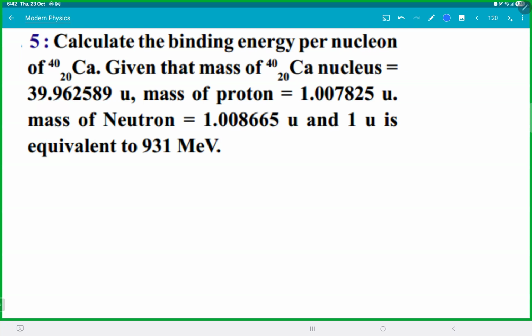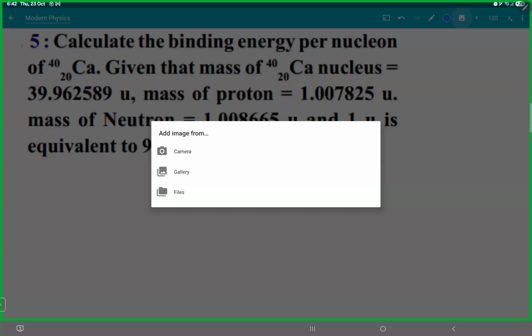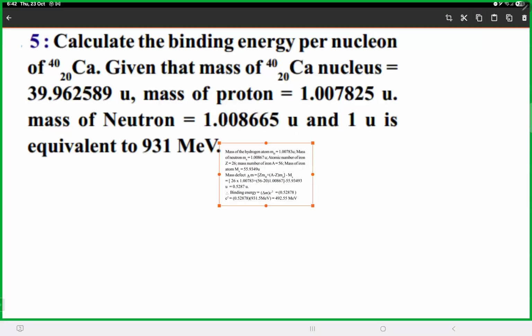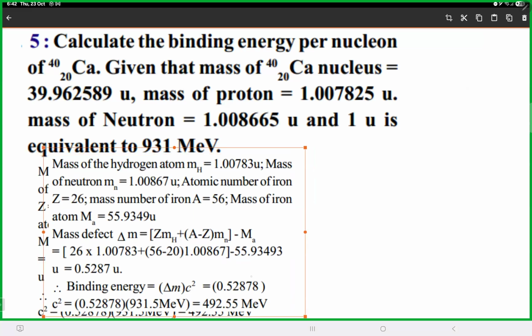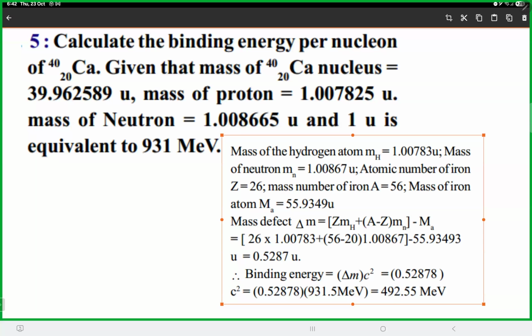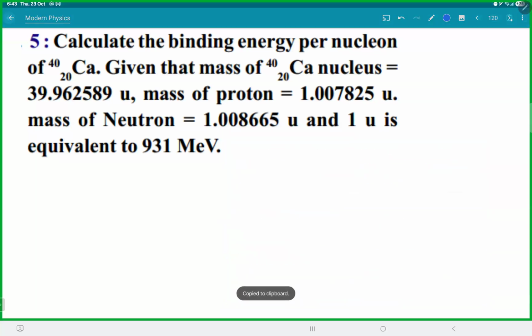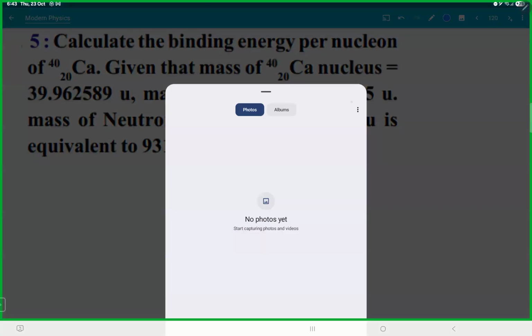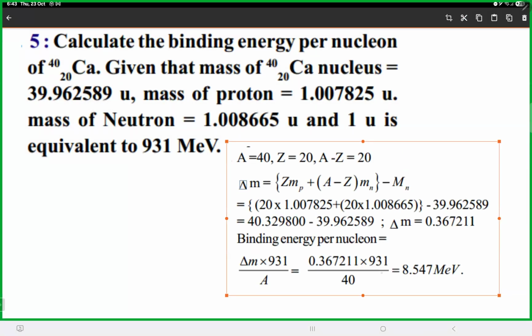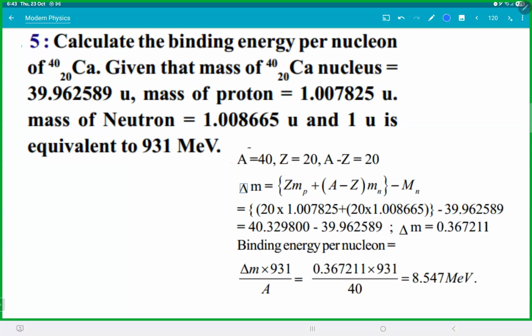Wrote it down? The working will look like this. And this is that same thing. So the mass defect will be this. Substitute the numbers. You will get a mass defect of 0.3672116, with decimals. Multiply it with 931 and divide by 40. You'll end up with this.